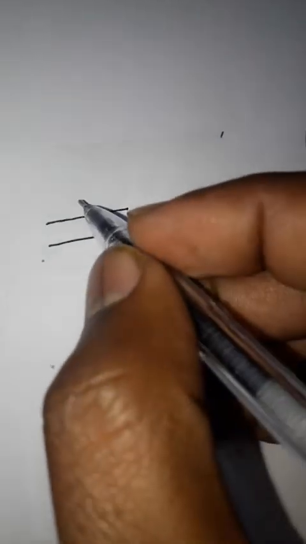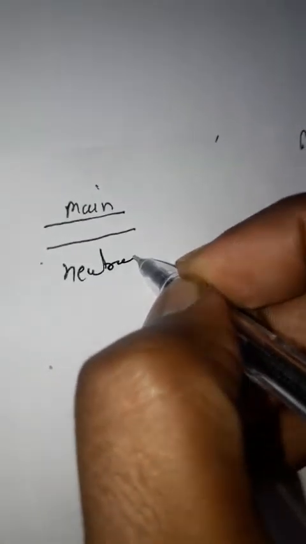So now we see what a short circuit is. There are two types of wire in our home circuits. One wire is called the main wire, another is called the neutral.